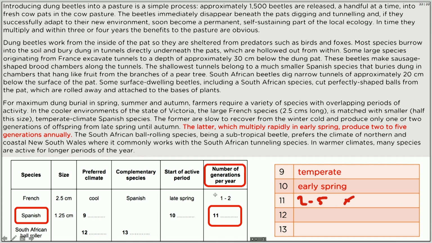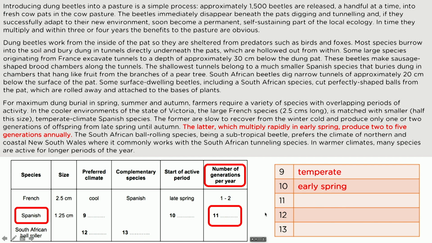Now look at this. This is a bit of a trick. It says 1-2. I don't think the IELTS would be that cruel to you, but just be careful. I just wanted to put this in to remind you that you should only use a number if it says use a number in the instruction. Otherwise, you should write a word. You should copy it straight from here, 2 to 5, 1, 2, 3 words is the answer for number 11.